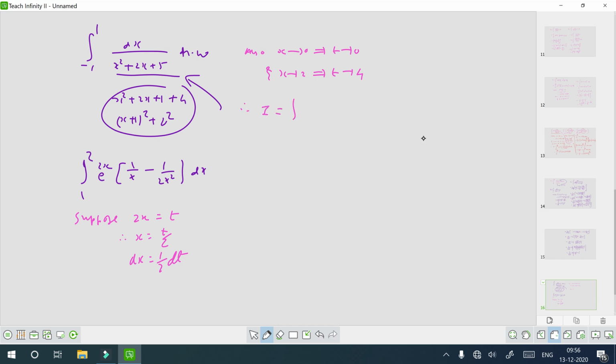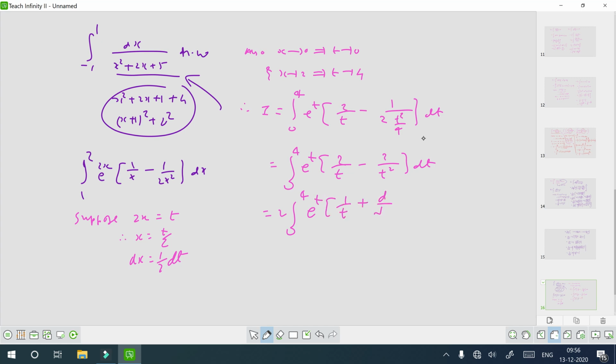And therefore, I is equal to integral 0 to 4 of e raised to t, 1 by x, that is 2 by t, minus 1 by 2 into x square, x square means t square by 4, into dt. 0 to 4 e raised to t (2 by t minus 2 by t square) dt. 2 is taken outside: 0 to 4 e raised to t (1 by t minus 1 by t square), that is derivative of 1 by t, into dt.